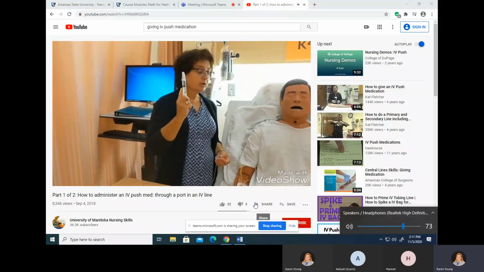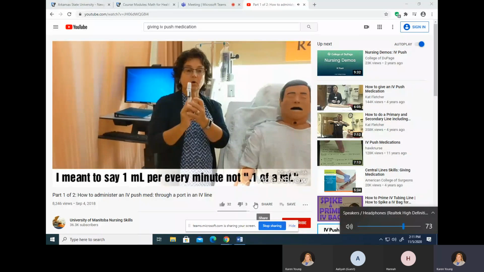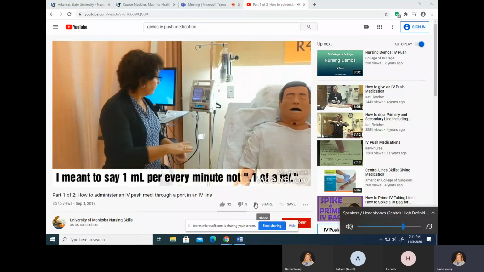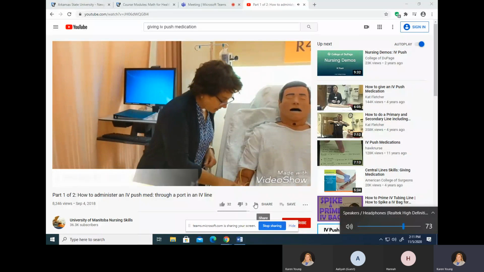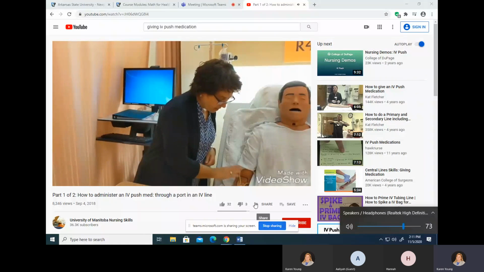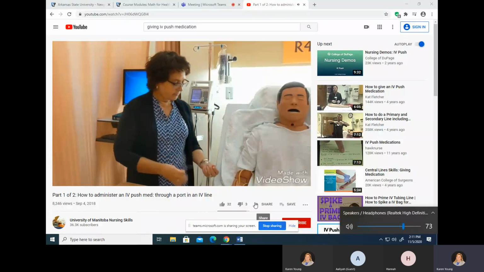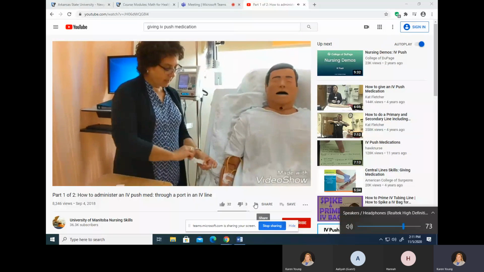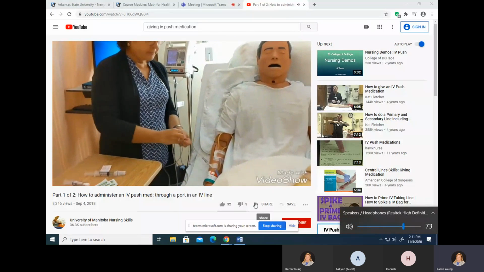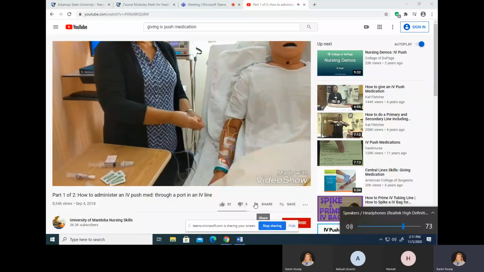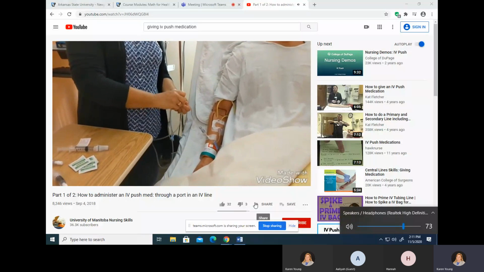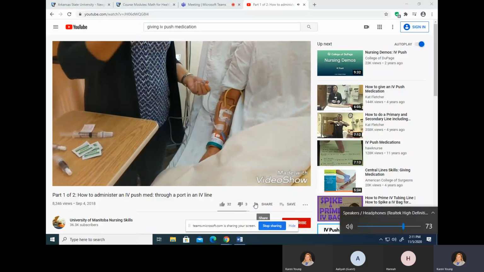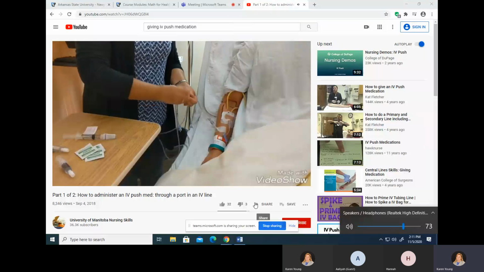I've got 5 mils here. So every minute I'm going to put in. My site looks good, using well, no sign it's infiltrated into the skin. And I'm going to alcohol swab my port. I've done my checks, I've checked my 3 checks, make sure it's the right patient, the right reasons for giving it.